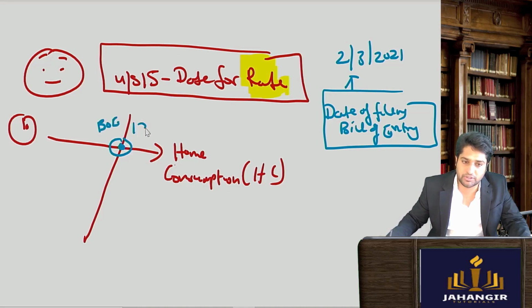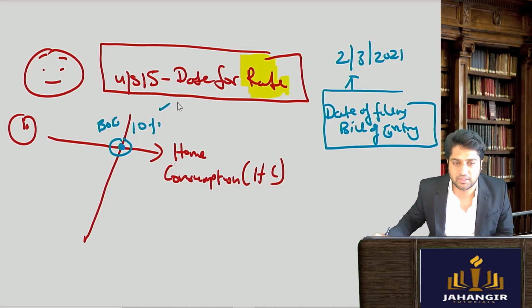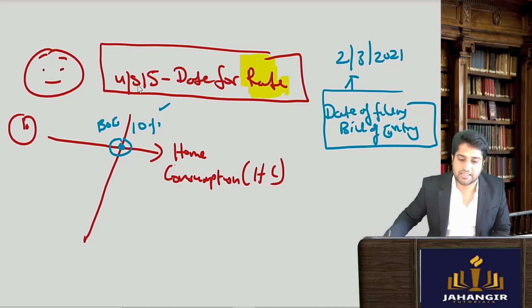At this time it was a 10% rate, so we will take the customs duty rate as 10%. Simple, no confusion. The rate prevalent at the time of filing the bill of entry you will take into consideration. A second scenario.